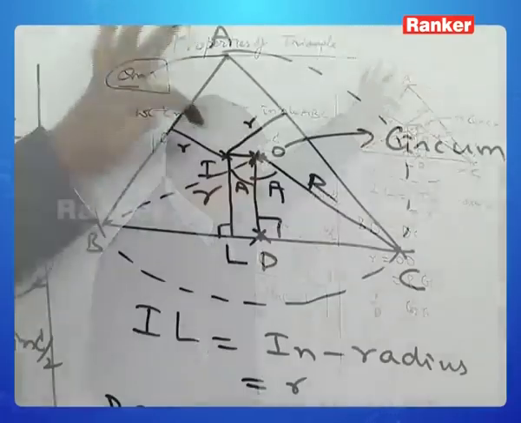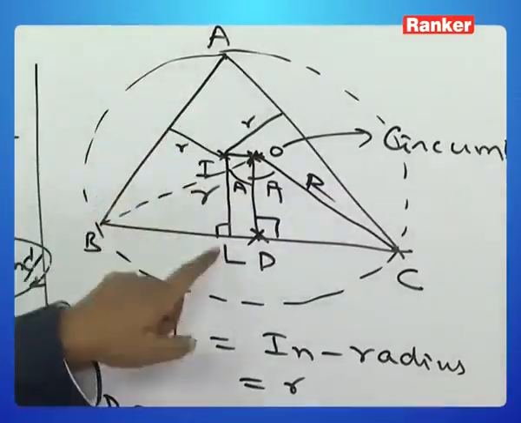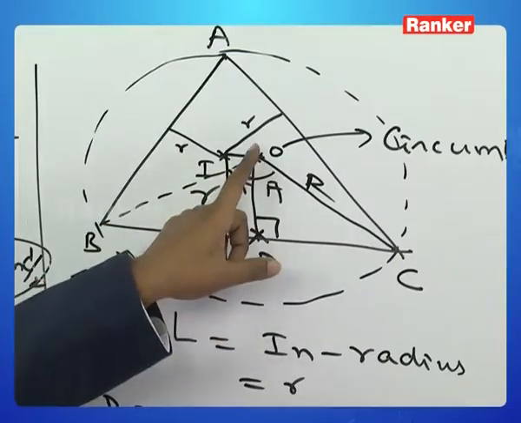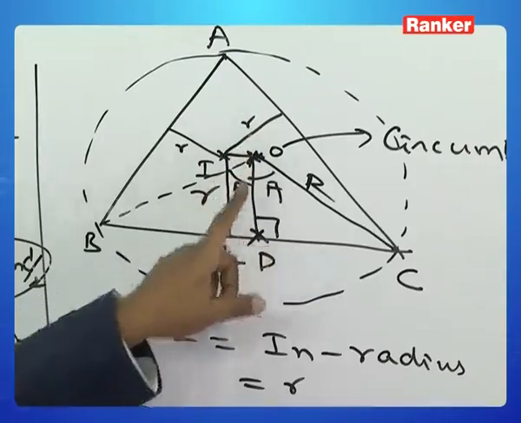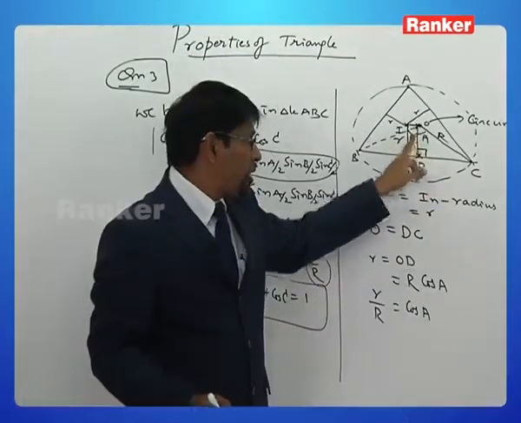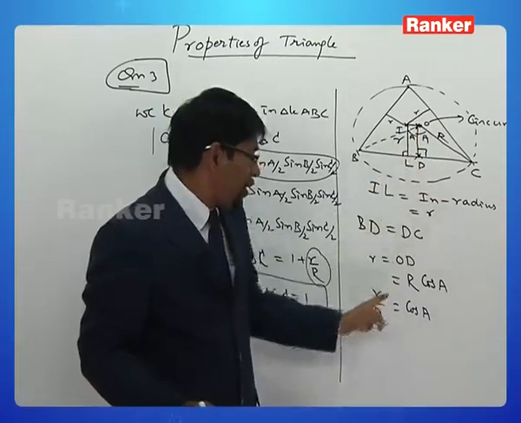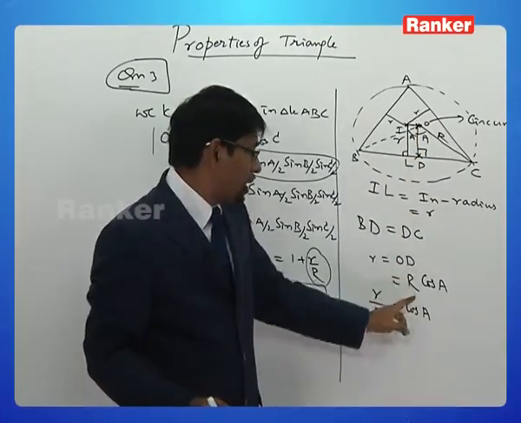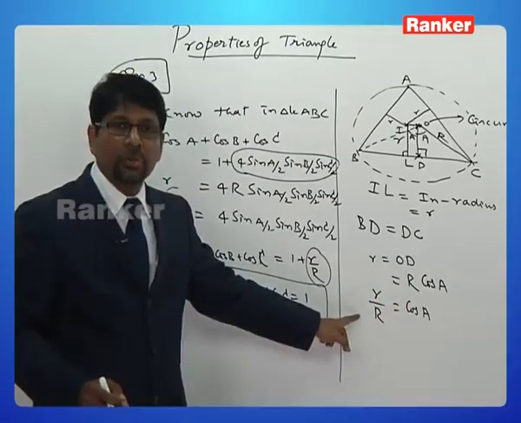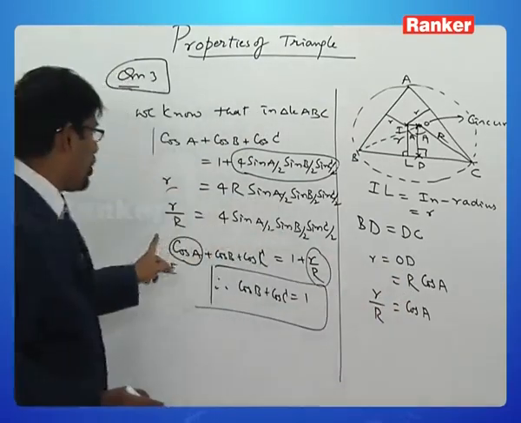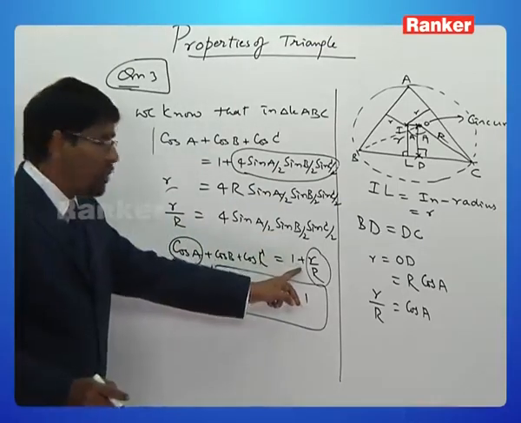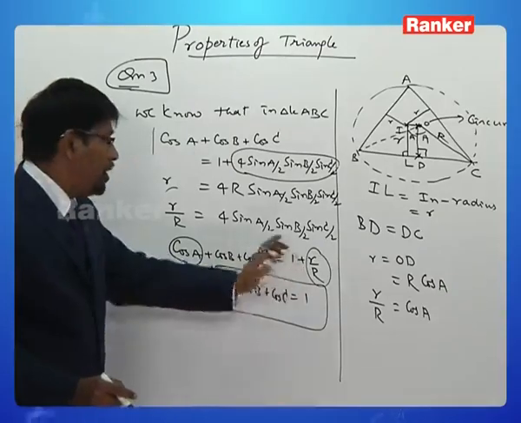So given that IO is parallel to BC, we could use the fact that small r, which is the perpendicular distance from I to BC, will be the same as the perpendicular distance from the circumcenter to the side BC. What is that distance? Capital R cos A. So small r is equal to capital R cos A. Small r by capital R will therefore be equal to cos A. But we also know that cos A plus cos B plus cos C is equal to 1 plus small r by capital R for any triangle.